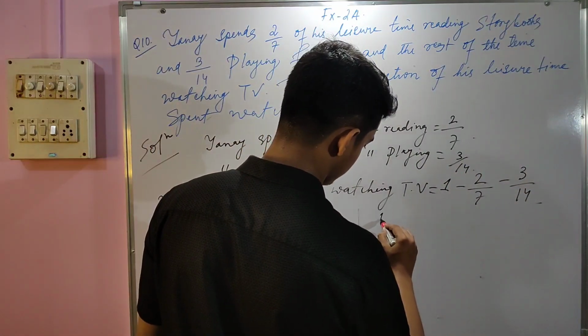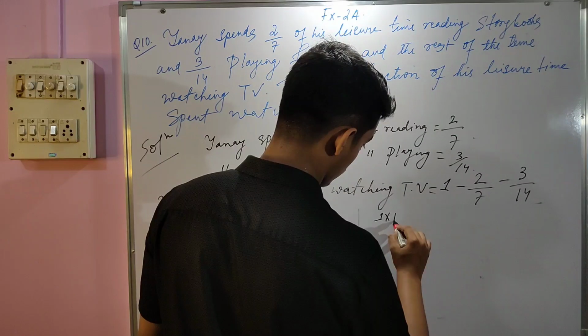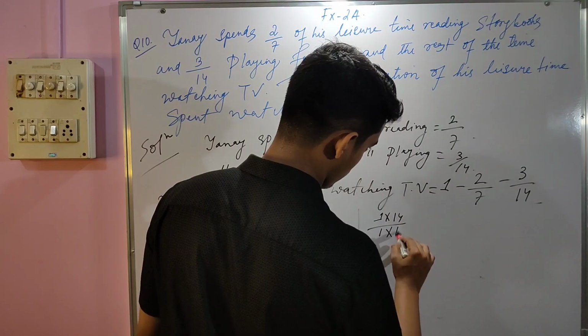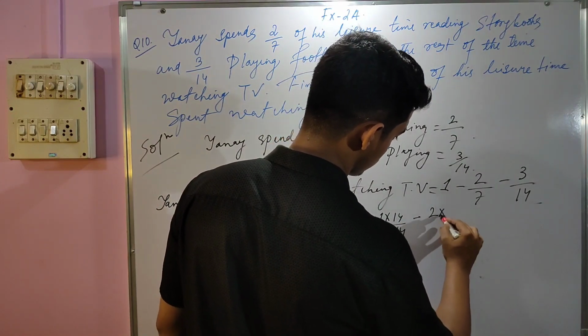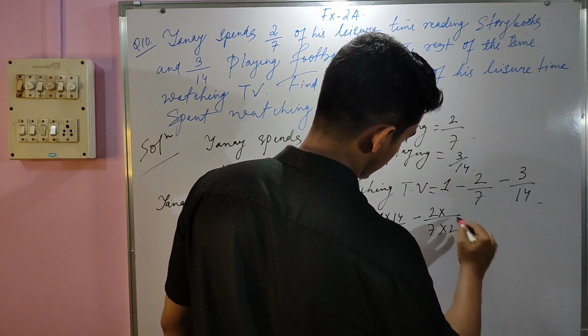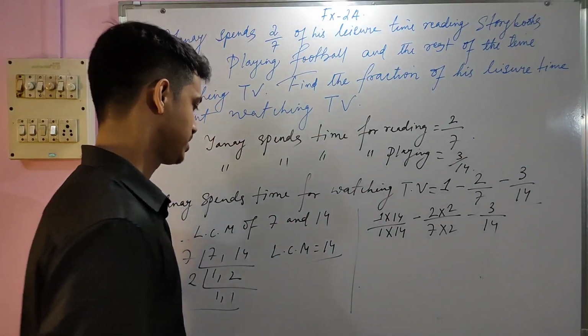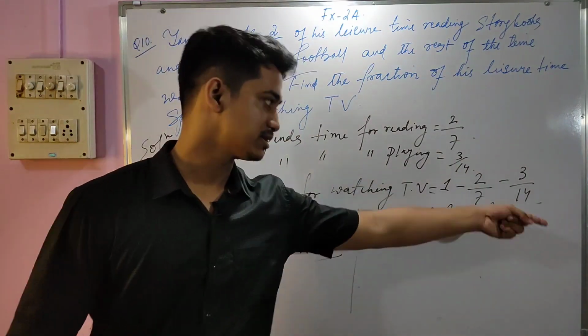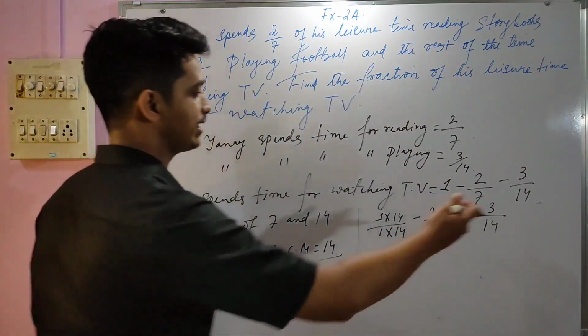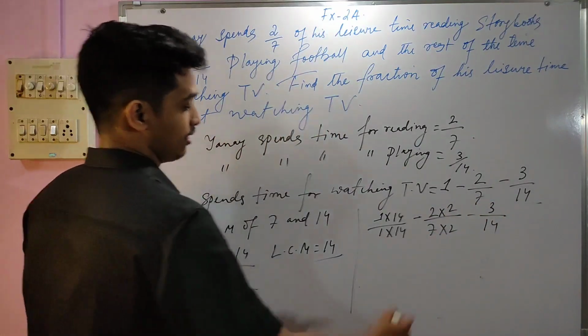So 1 by 1, 1 into what? 14. 1 into 14 minus 2 into 2, since 7 into 2 is 14. And 3 by 14 will remain the same because we have to convert the denominator into 14 and 14 is already there, so we don't need to calculate much.